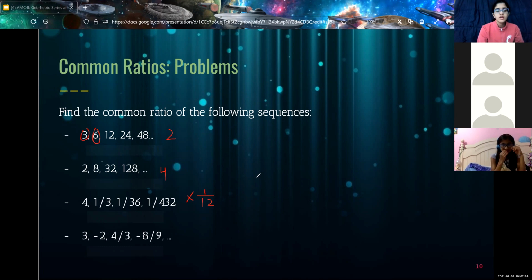Okay, so Samyukta, in the chat, or unmute, would you care to say what the common ratio of the last sequence is? Of 3, -2, 4/3, -8/9. So Samyukta, I don't know if you have unmuted or if you have not.